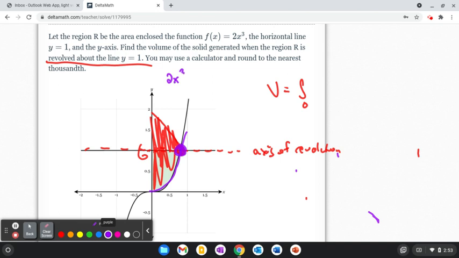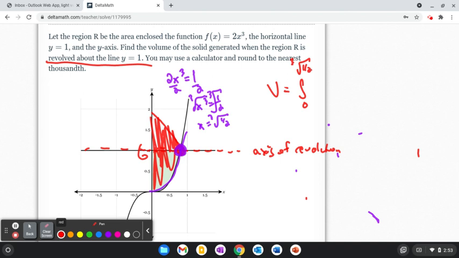So where does 2x cubed equal 1? That's just going to be divided by 2. So x cubed equals 1/2, and then take the cube root. So it's the cube root of 1/2. It's probably best to just leave it like that for the upper limit, the cube root of a half, rather than worry about decimal points. Easiest way, just type it in like that.